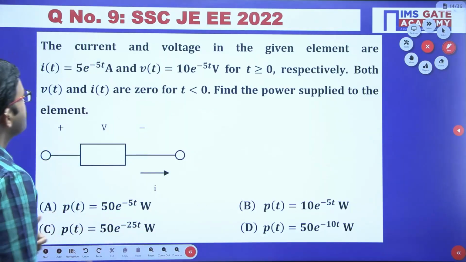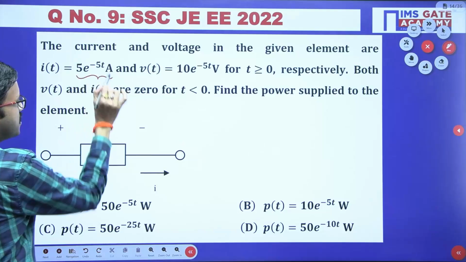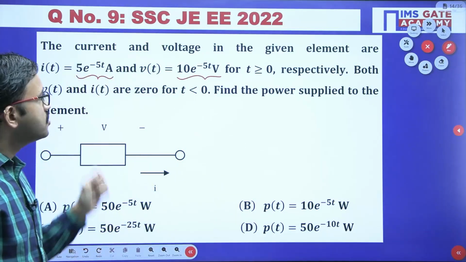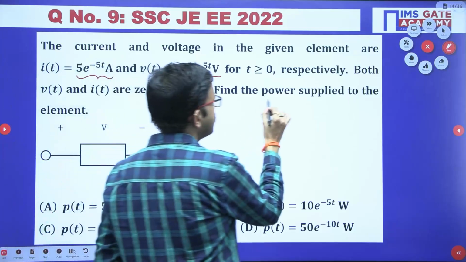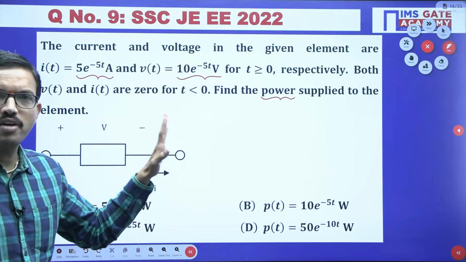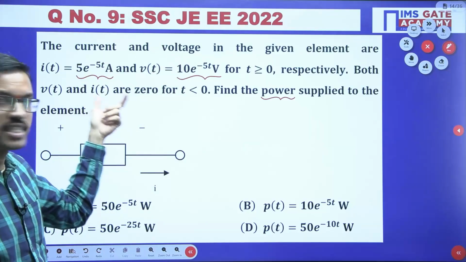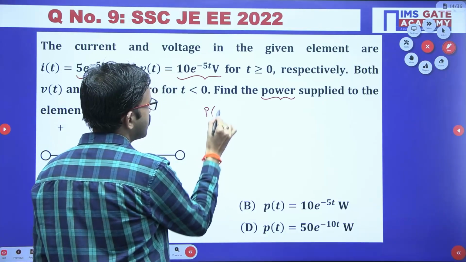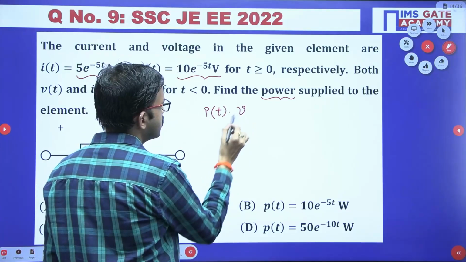In this question you have the current expression and the voltage expression, and they are asking for the power. Just now we have told that power is nothing but the product of voltage and current. Power equals voltage into current.